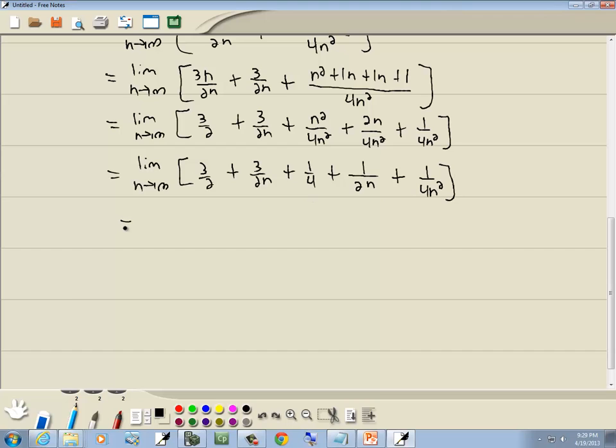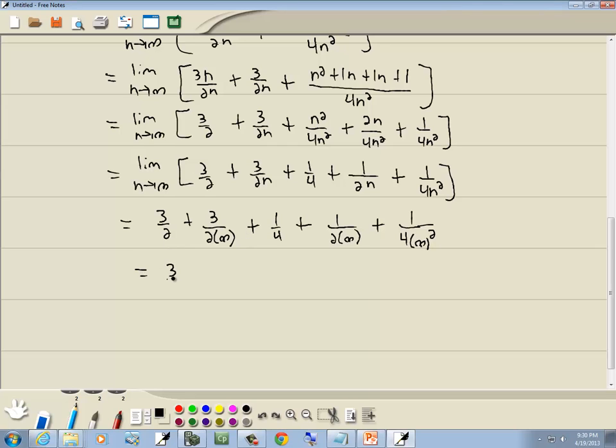Well, now we're ready to plug our infinity in for n. So we've got 3 halves plus 3 over 2 times infinity plus 1/4 plus 1 over 2 times infinity. We're not actually plugging it in, we're studying it as it goes to infinity, but basically whenever you have a number up on top and infinity downstairs, then it goes to 0.